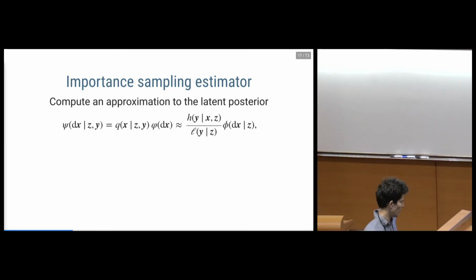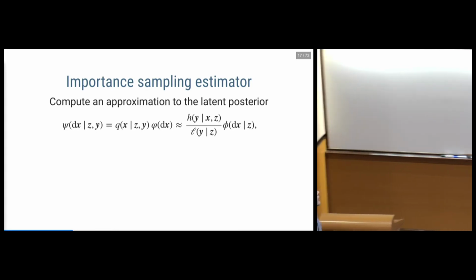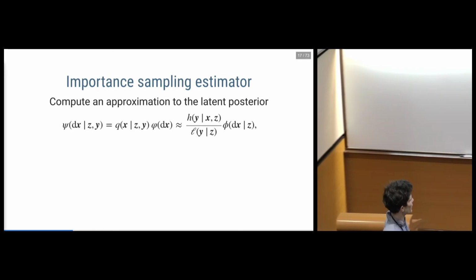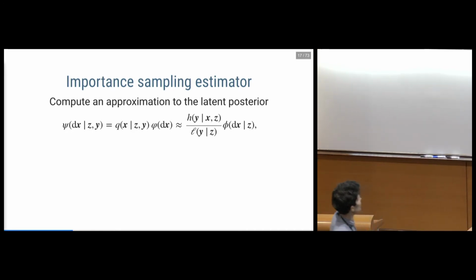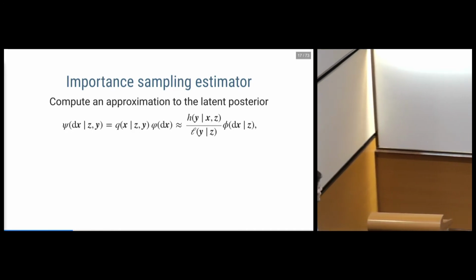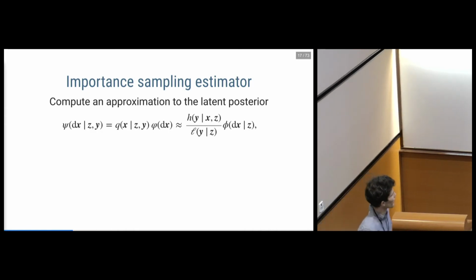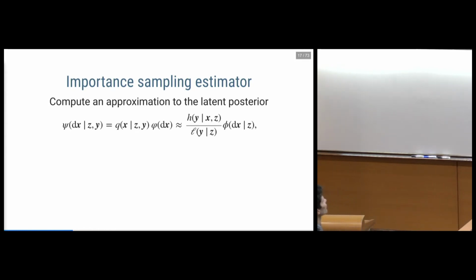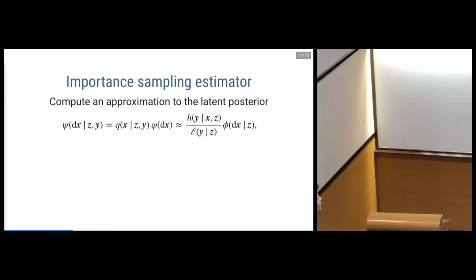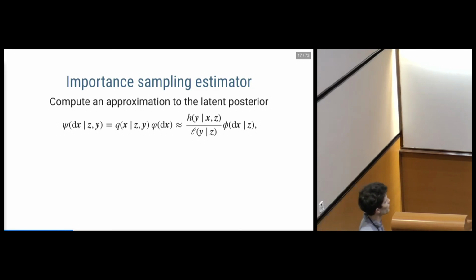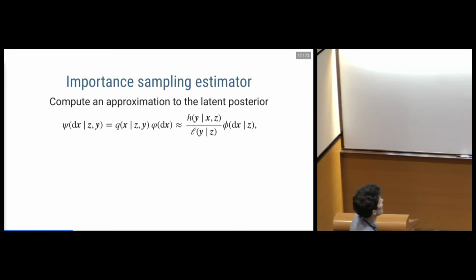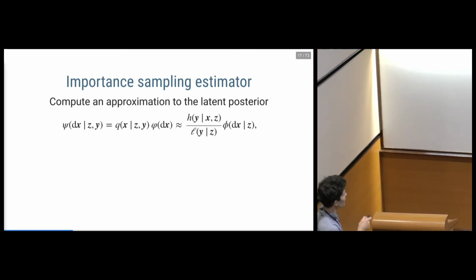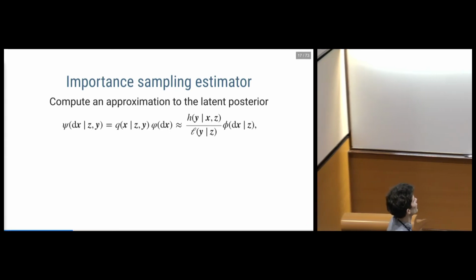Typically, in the same way that a bootstrap particle filter will often be inefficient as the dimension grows because it's not leveraging information about observations, this sort of naive importance sampling estimator will similarly tend to perform poorly in practice. And so what we might actually want to do is fit some proposal distribution which depends both on the current value of the parameters and the observations, and somehow approximates this posterior on the latent variables x.